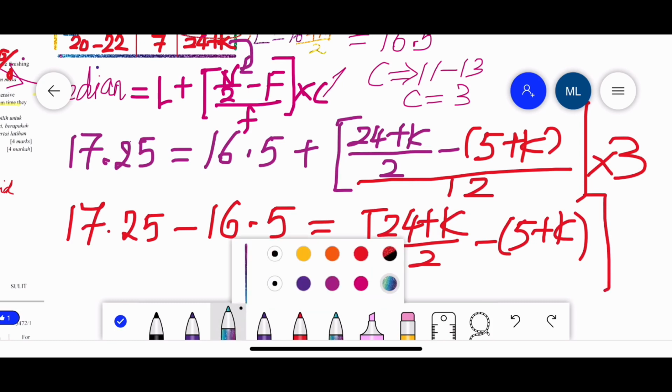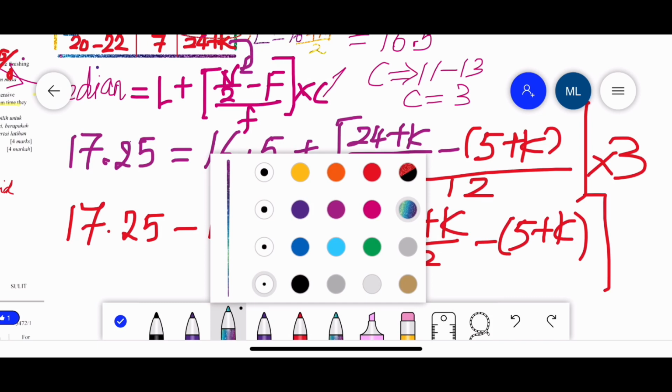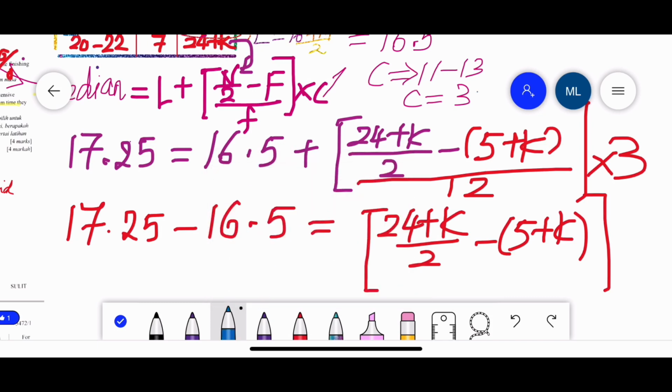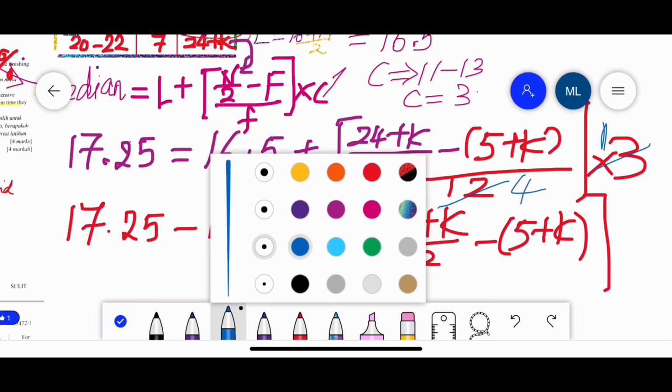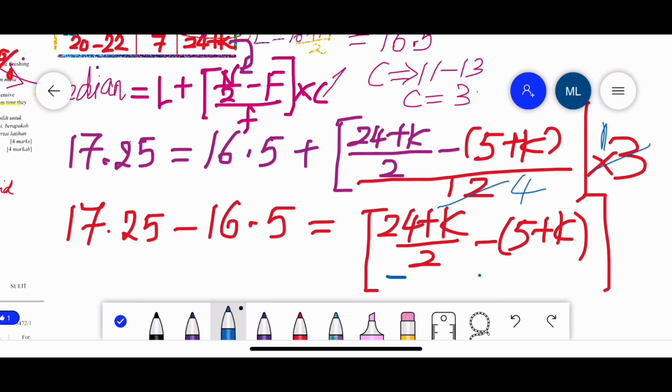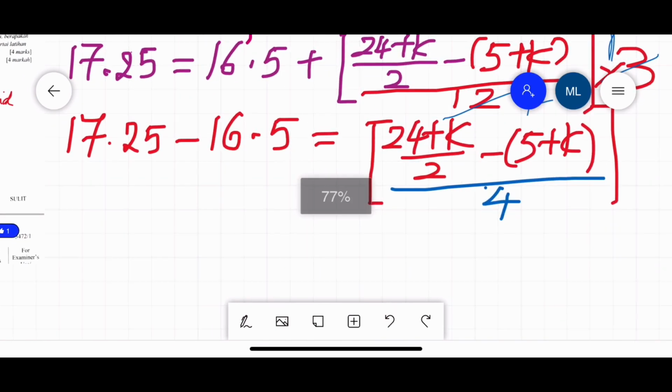So it becomes 4, because you divide by 3. 3 times 1 is 3, 3 times 4 is 12. Now we simplify the bracket. 17.25 minus 16.5. Please press your calculator right now. Now all of you take out your calculator and press.